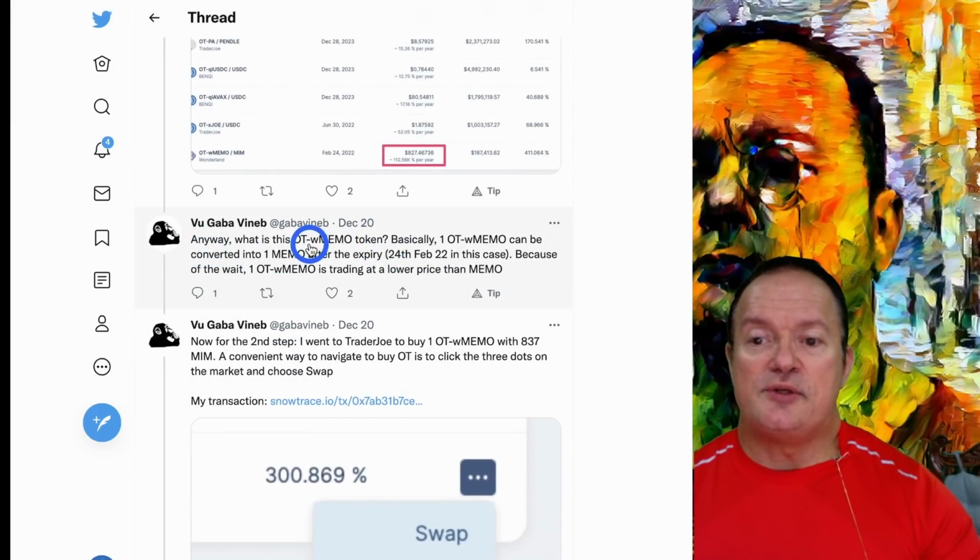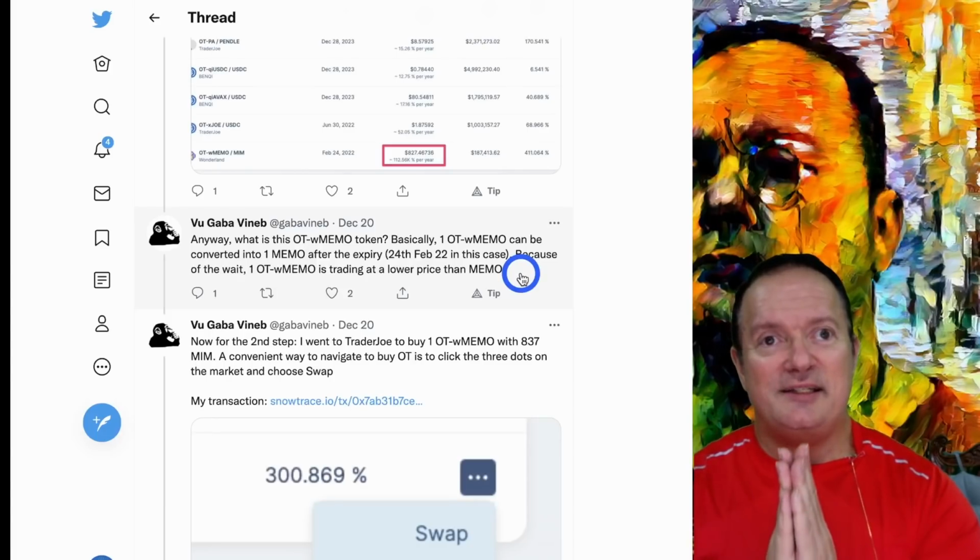So what is this OT-wMEMO token? Basically, one OT-wMEMO can be converted into one MEMO after the expiry on the 24th of February. The expiry has not changed. It's still the 24th of February. Because of the wait, one OT-wMEMO is trading at a lower price than MEMO.